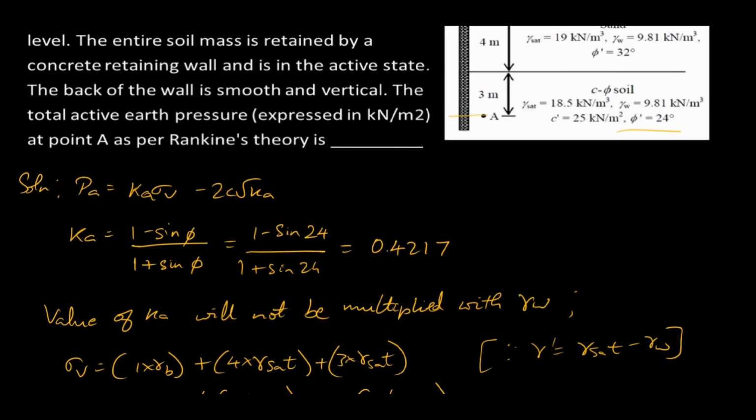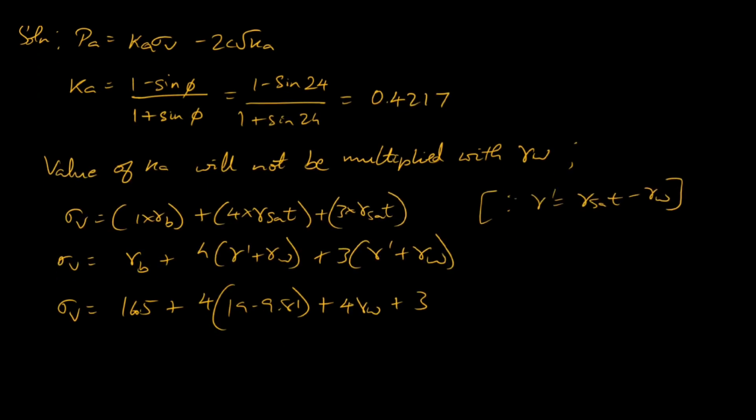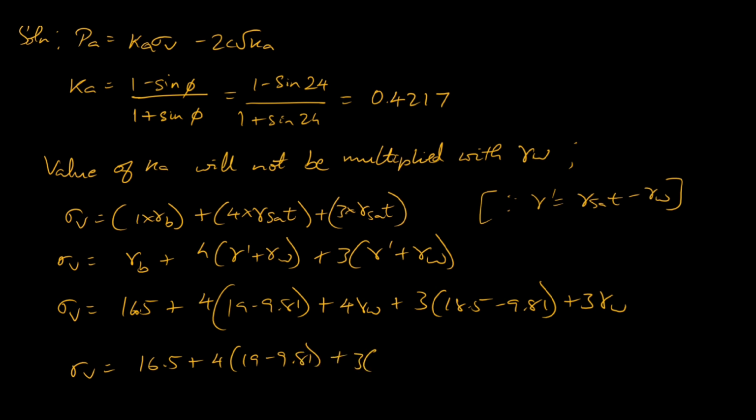Gamma dash is nothing but gamma sat minus gamma W, 18.5 minus 9.81. 3 into 18.5 minus 9.81 plus 3 gamma W. So we get sigma V will be equal to 16.5 plus 4 into (19 minus 9.81) plus 3 into (18.5 minus 9.81) plus 4 gamma W plus 3 gamma W.